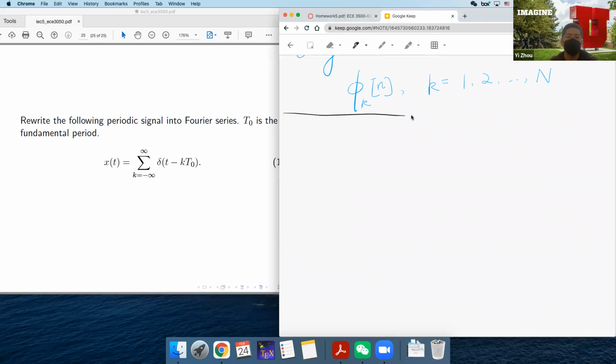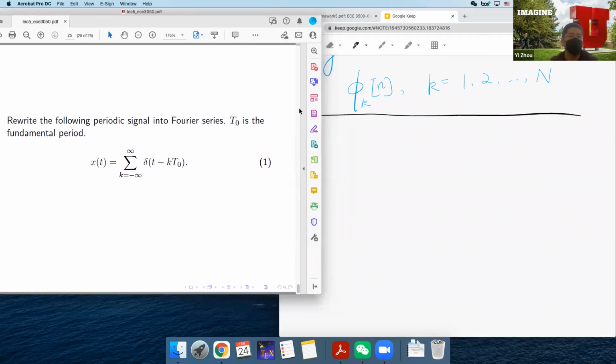I will give you 3 minutes to work on this, but just to give you some understanding. First of all, this is a continuous time signal, right? It's x(t). So you need to apply the continuous time Fourier series formula to calculate the spectrum.